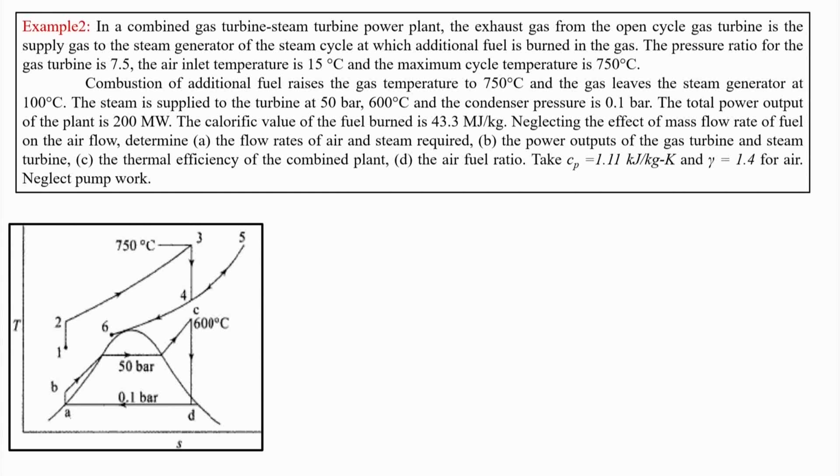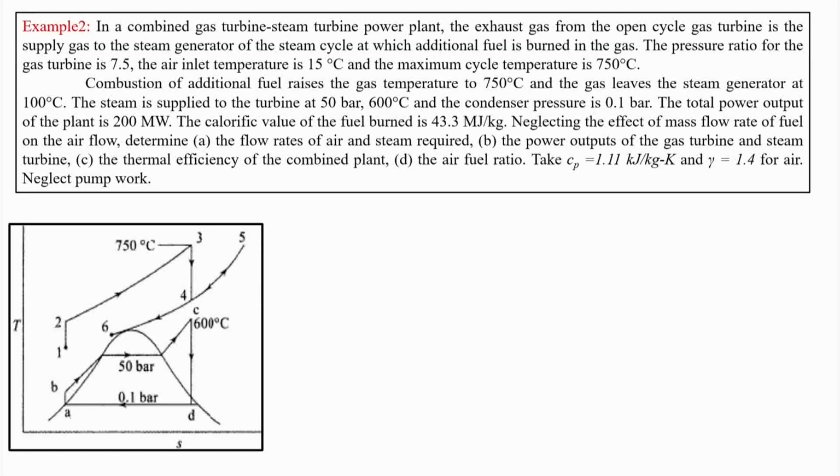The calorific value of the fuel burnt is 43.3 megajoule per kg. Neglecting the effect of mass flow rate of fuel on the airflow, determine the flow rates of air and steam required, the power output of the gas turbine and steam turbine plant, thermal efficiency of the combined plant and air fuel ratio.